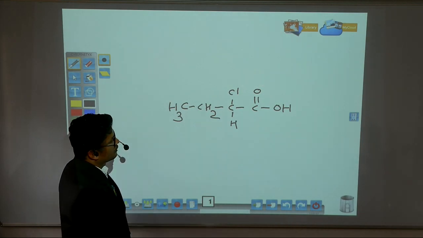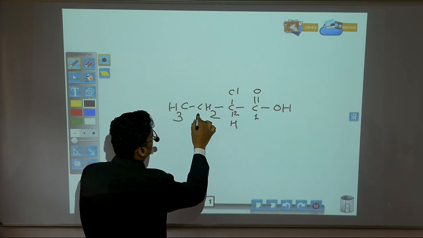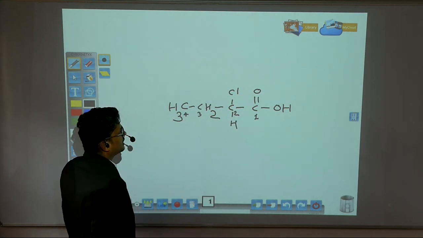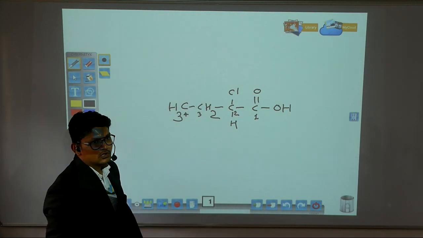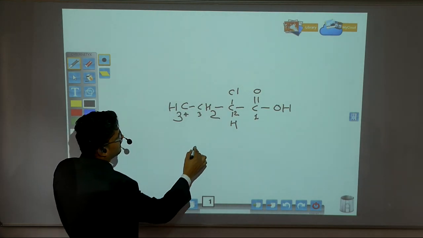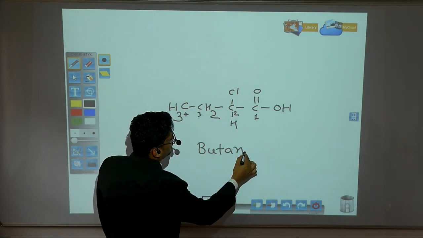So here we have to give the numbering like first, second, third and fourth. So there are 4 carbon atoms, so we can say the 4 carbon parent alkane will be butane. So the name will be butane.